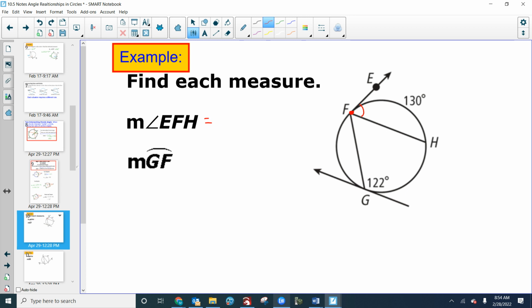Yes. Otherwise, is it inside or outside? Central, inscribed, inside, outside. Those are our four types of angles right now. It's an inscribed angle, so it's half the arc. Half of 130 is 65 degrees.